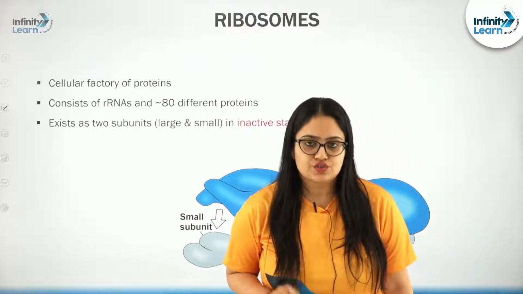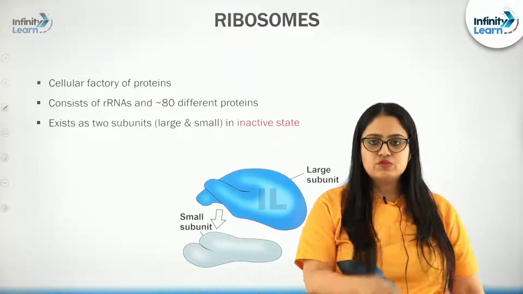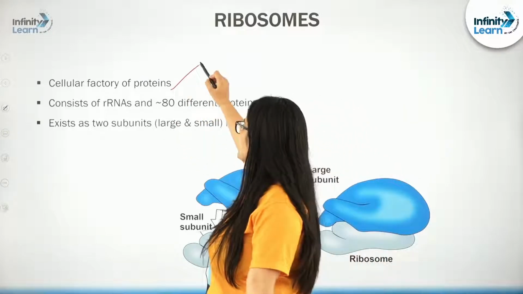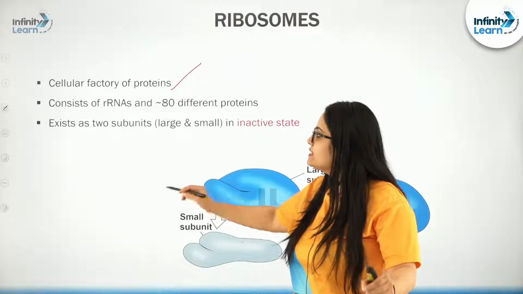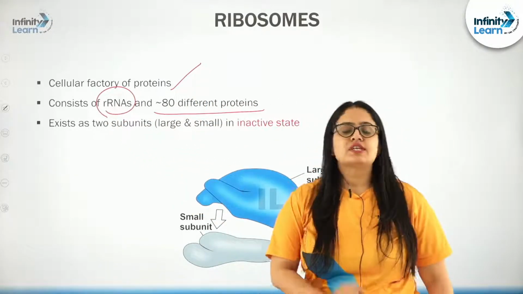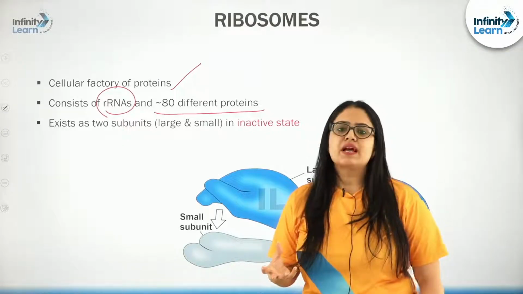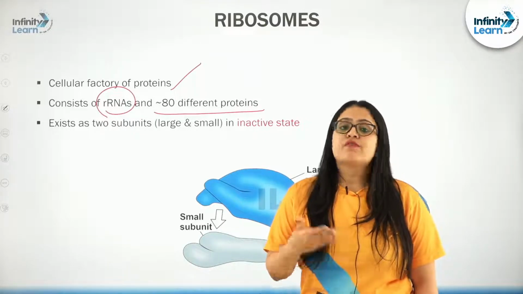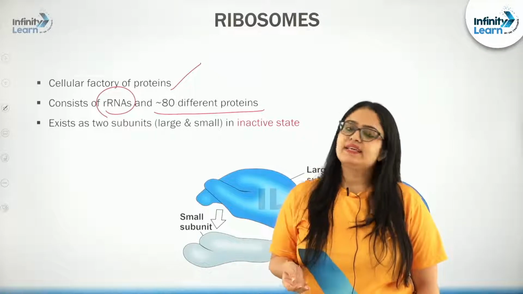So, see here students, when we talk about ribosomes, there are 2-3 important terms that you need to understand. First, I have already explained, they are the protein factory, right. Second is, they consist of rRNAs and 80 different types of proteins. Very, very important. If somebody asks you what is the composition of ribosomes, they are made up of rRNAs, the structural RNAs, and approximately 80 different types of proteins.